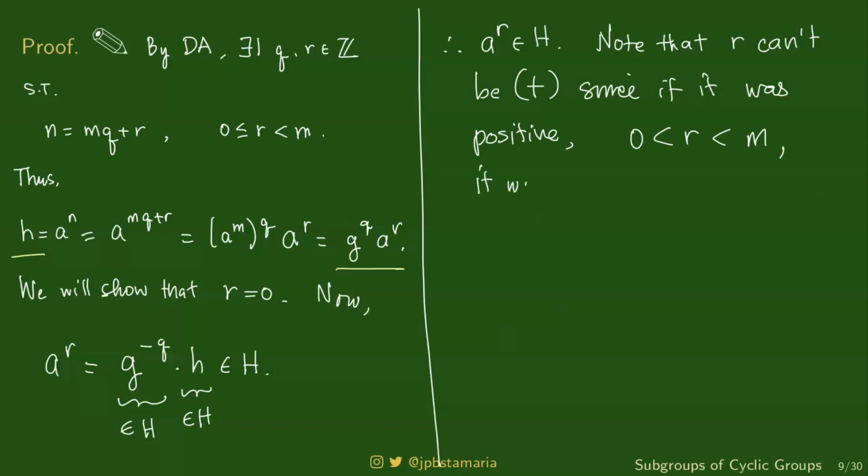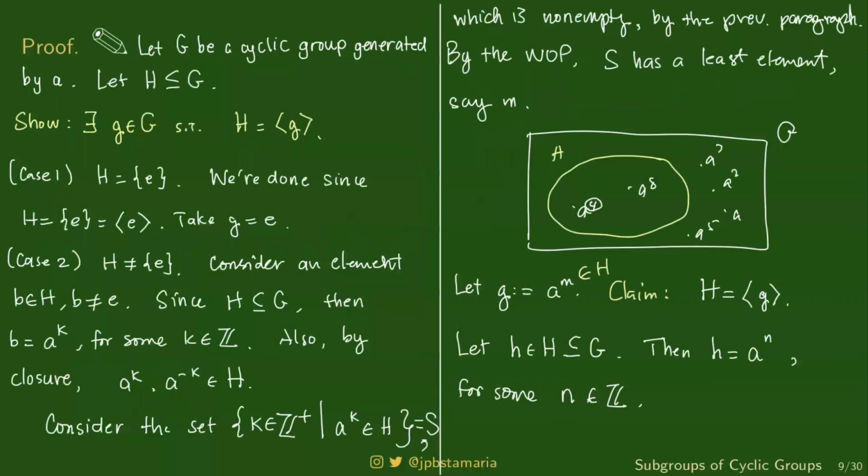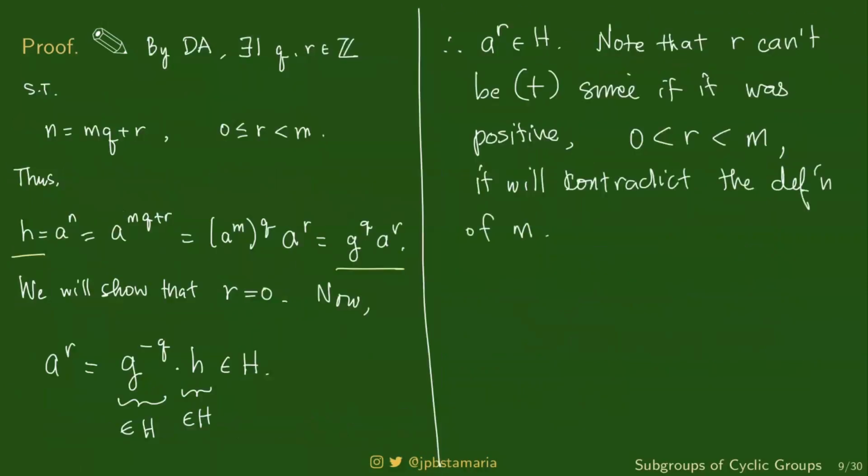It would contradict the definition of m, because m is defined as the smallest such that a to the m is in h. If r is positive, a to the r enters h and is smaller than m. This will contradict the minimality of m.